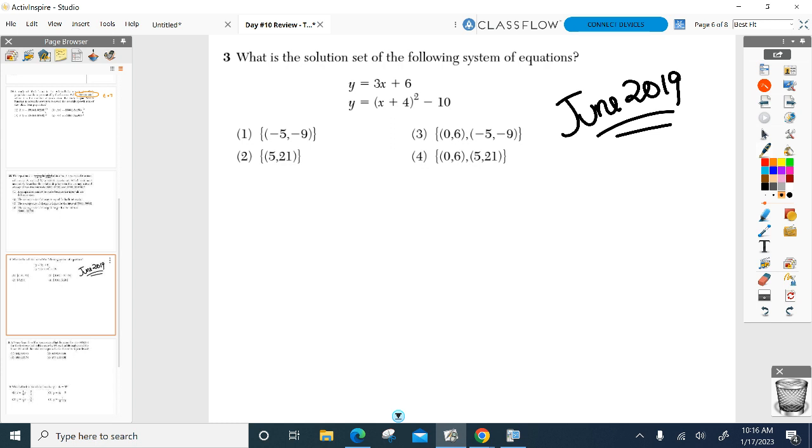Okay, now be careful when we say store. Yes, you can store, but remember, since it is a system, when they give us the answers, this is an X and this is a Y. So if we are going to use this whole store deal, you store in -5 into both and cross your fingers that you get what? -9. That would be a solution.